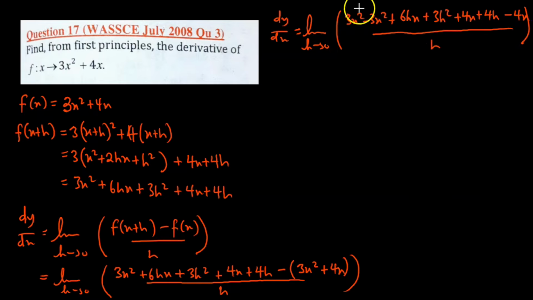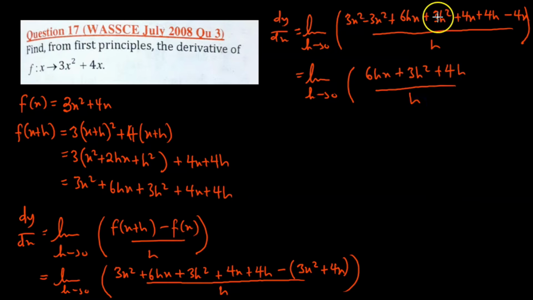Now we'll be having 0 here. We have 4x and negative 4x. That will also give us 0. So we are left with the limit as h approaches 0 of 6hx plus 3h squared. And then we also equally have plus 4h, all divided by h.